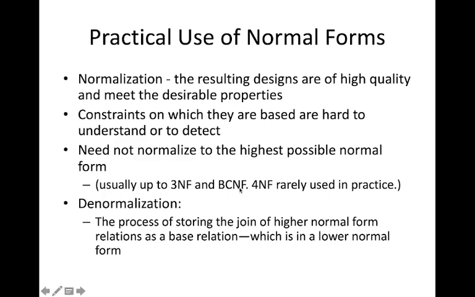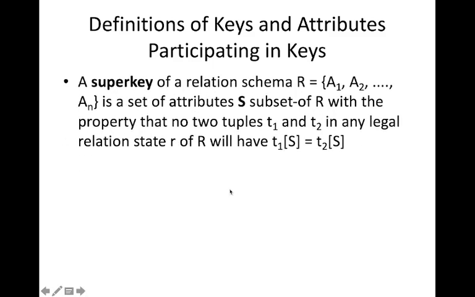We try to normalize at least up to third normal form, and sometimes we will be normalizing to BCNF also. So in this lecture, we won't be seeing those normal forms. We'll be learning about keys and attributes, and about different kinds of attributes also.